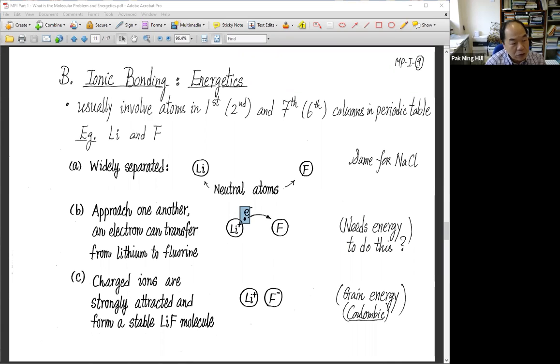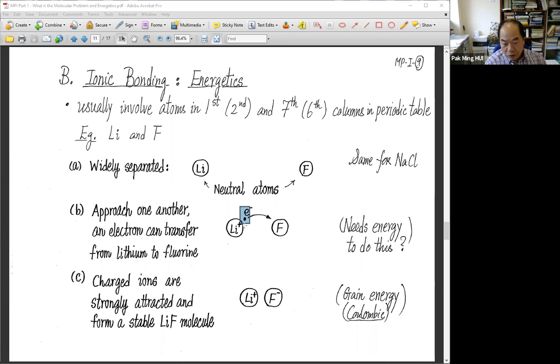Just to remind you, to calculate the ionization energy quantum mechanically, you need to do two calculations: neutral lithium and then lithium plus ion. Compare the energy difference, then you know how much energy is needed. Similarly for the electron affinity.